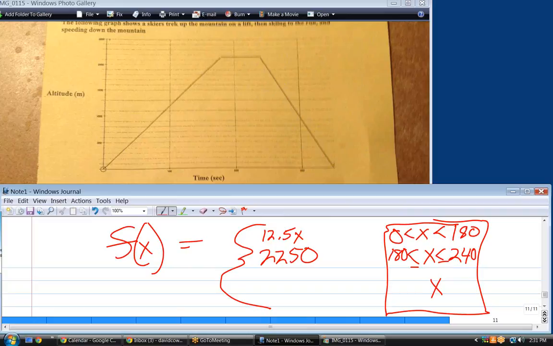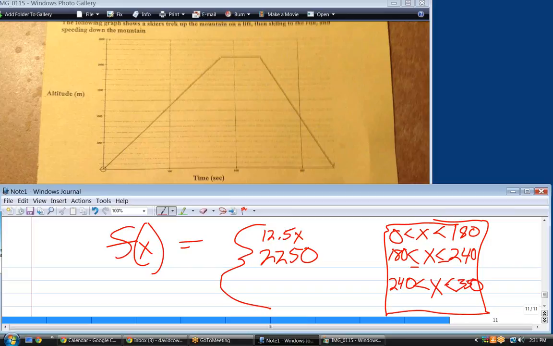X is greater than what? And less than what? Well, I guess that was 240 on the x-axis, so that's what I'm going to put in there. 240. To take a guess on that, let's call that 350. Can you see that?